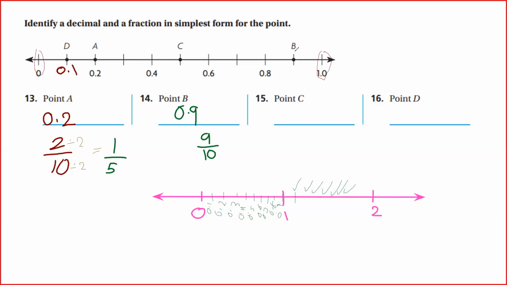Now, number 15, Julie. Point C. Here we have point 1, point 2. Here, what do we have? Point 3. Here, what do we have? Point 5. Yes, that's it. So point C is 0.5. Thank you, Julie.